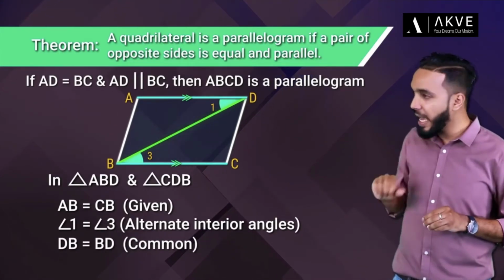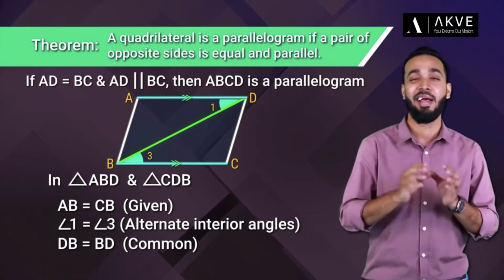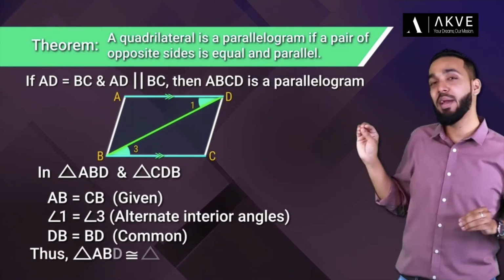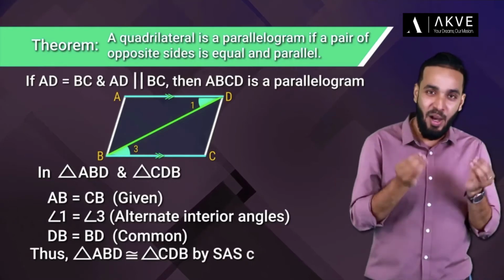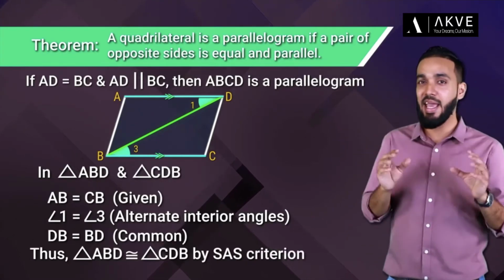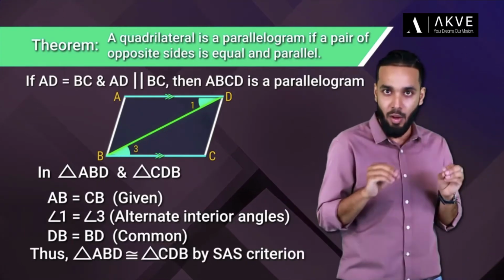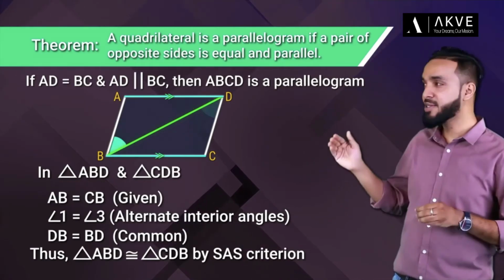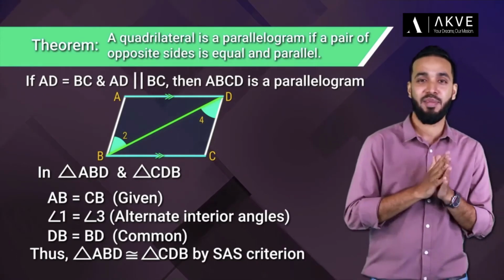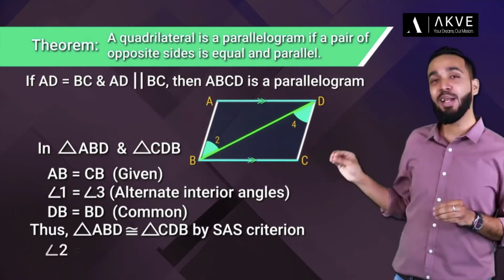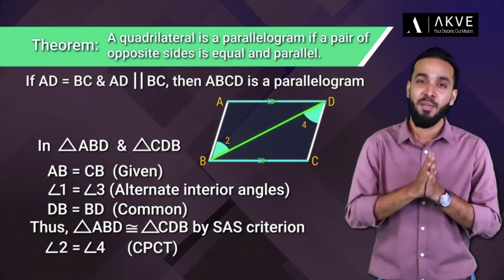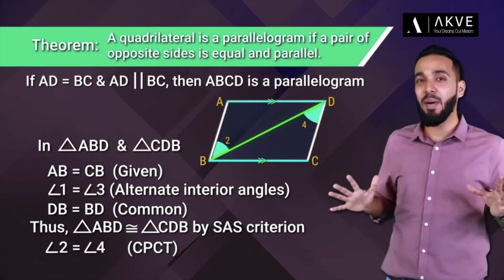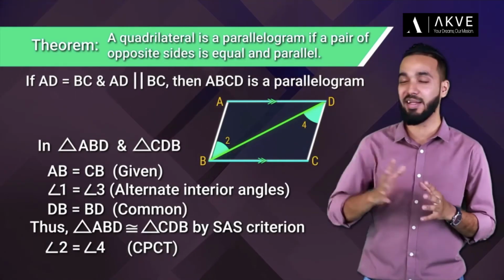So, side, angle, side. Thus, triangles ABD and CDB are congruent by SAS criterion. Now, in these congruent triangles, let's name these angles 2 and 4. So, we can say that angle 2 is equal to angle 4 because they are corresponding parts of congruent triangles.